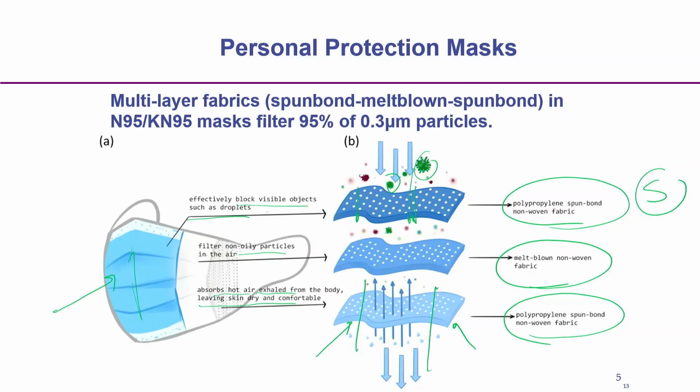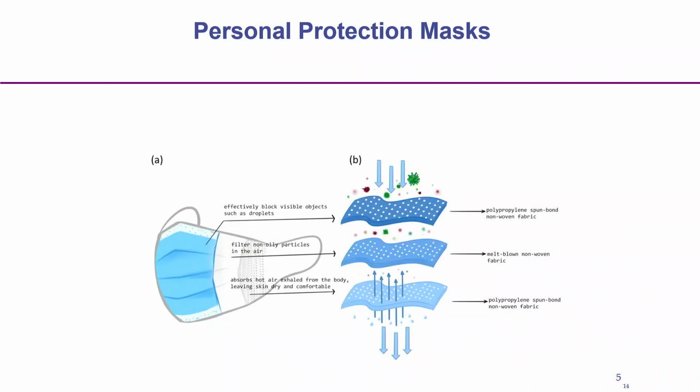So, our skin becomes dry, and the majority of fine particles are arrested at the middle layer, which is melt blown. So, we are protected from particles, particularly less than or equal to 3 micron. So, around 3 micron particles are handled if we use the N95, but for finer particles we have to modify this structure.